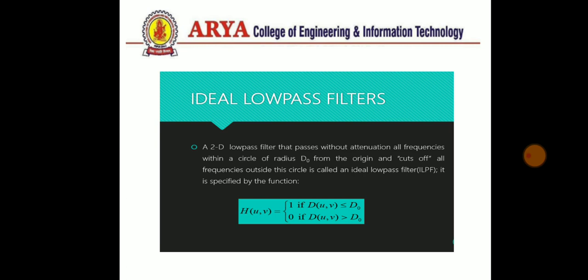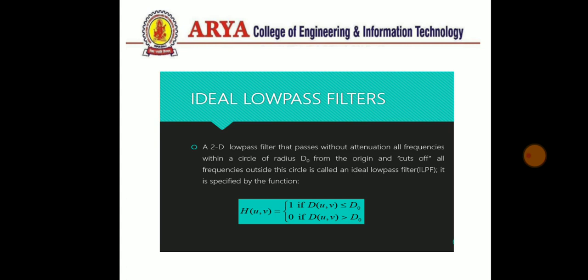For measuring the amount of noisy data or to remove this data, there is a mathematical expression for the ideal low pass filter, which is expressed as H(u,v) equals 1 if D(u,v) is less than or equal to D0, that is, if the pixel value of the image which comes under this mask is within the radius of the circle, then it gives a value 1.